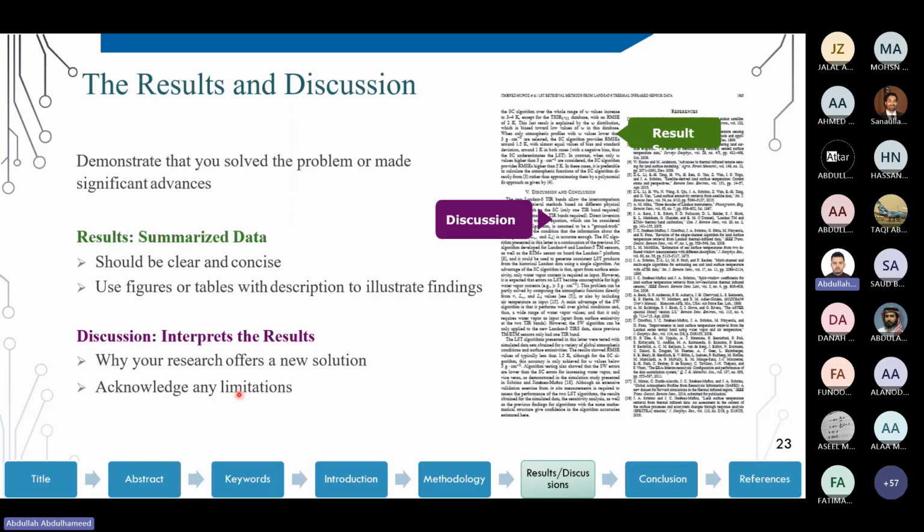But my sensor only works at 100°C. So your sensor is not working at room temperature, is not good at low temperatures, only works if there is a high temperature. So this is called the limitation. If you have this limitation, you need to mention it. You need to be honest, and also you need to follow the ethics of the research.